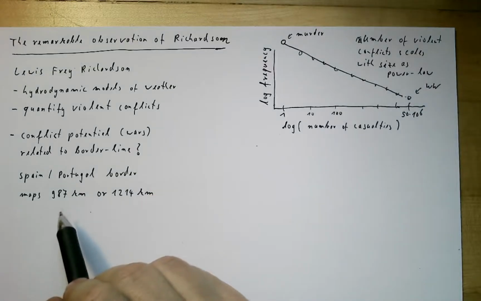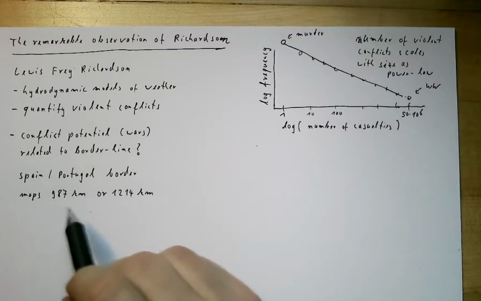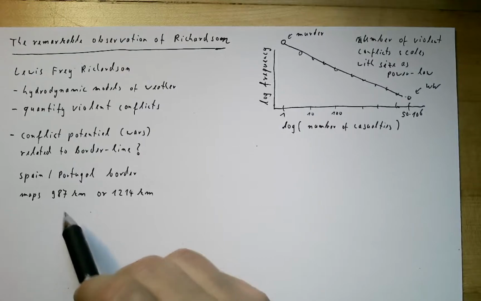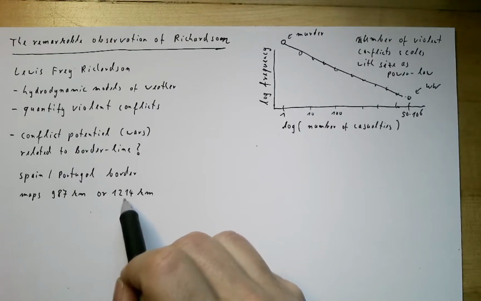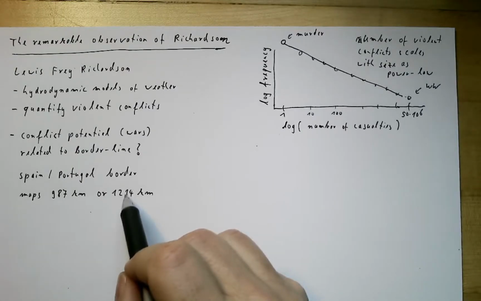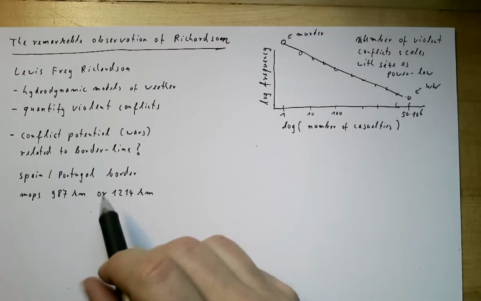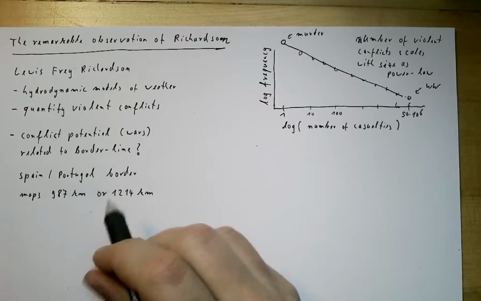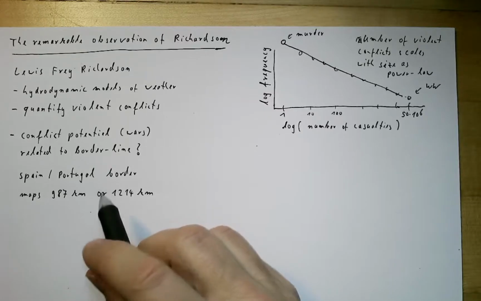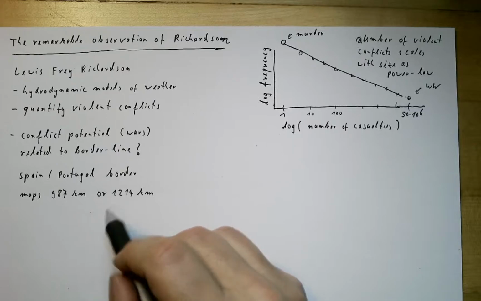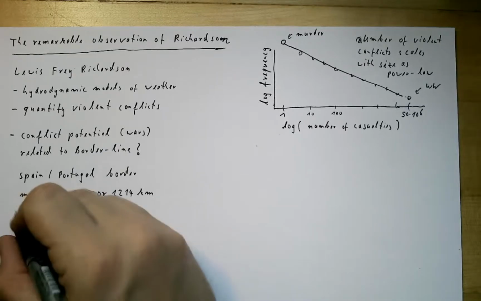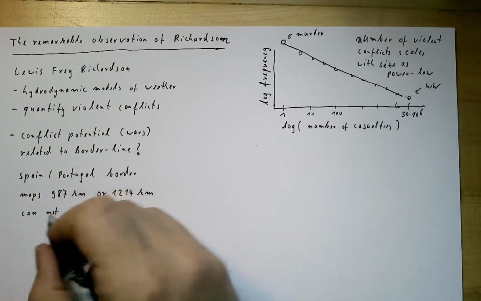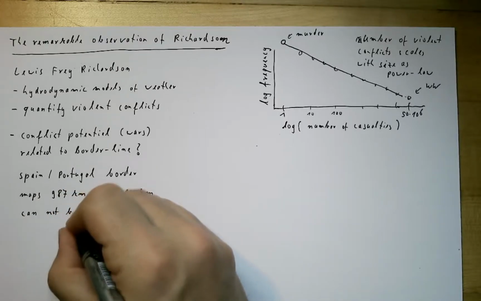Now you could say, okay, at this time, in the 1960s, maybe the maps were not so precise. But at this time we could know the height of Mount Everest to within some centimeters, so this cannot be a measurement error in the maps. Geography was too good at this time already.